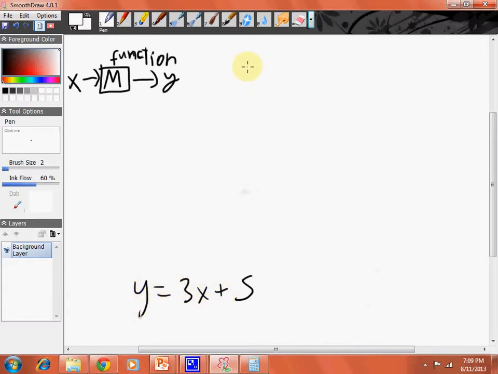I could totally mess things up if I went back in time and said, from now on we're going to say X equals 3Y plus 7. I could have started this whole revolution, and then X would be the dependent and Y the independent.